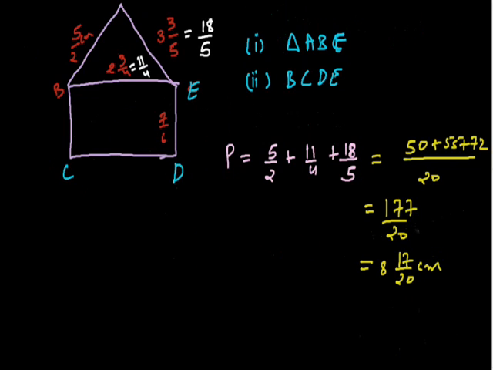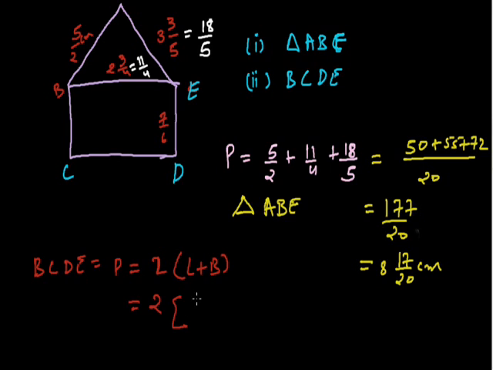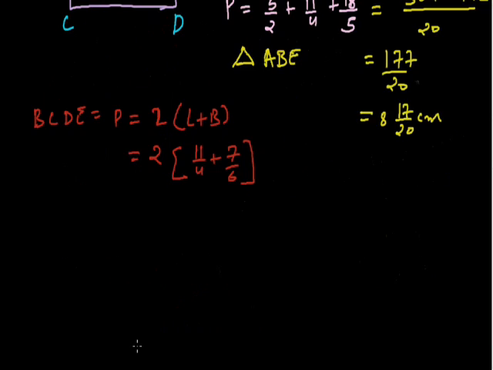This was the perimeter of triangle ABE. Now the perimeter of the rectangle BCDE we can find with the formula: perimeter is equal to 2 times length plus breadth. So it will be 2 times length 11 by 4 plus width 7 by 6. As you can see in the question, length is 11 by 4 and breadth is 7 by 6. So the LCM will be 12 here.